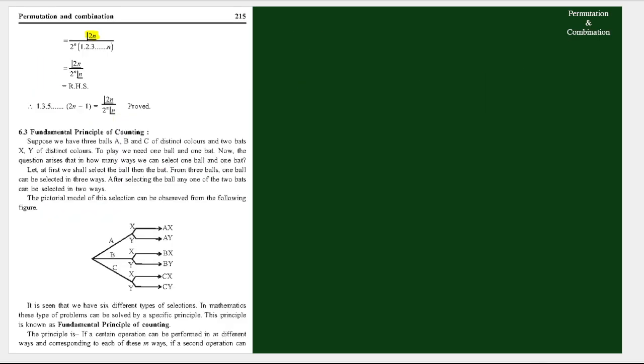So we wrote here 2 to the power n into 1 2 3 up to n, and this is a product, so it is nothing but factorial of n, which is equal to your right hand side. So the product of n odd numbers is equal to factorial of 2n divided by 2 to the power n into factorial of n.